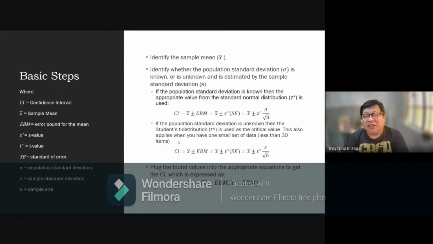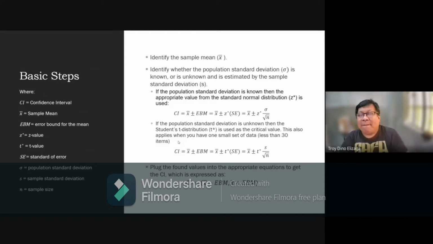Basically, the formula to get the confidence interval varies depending on two factors.